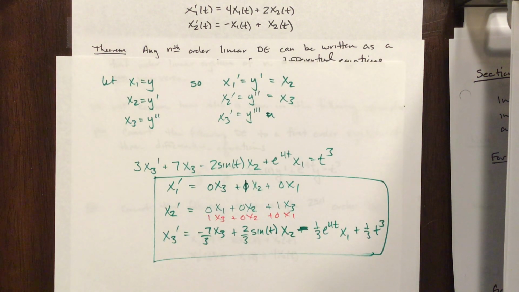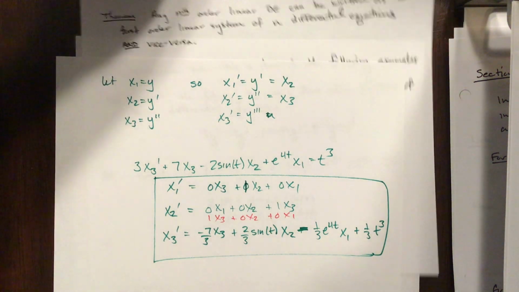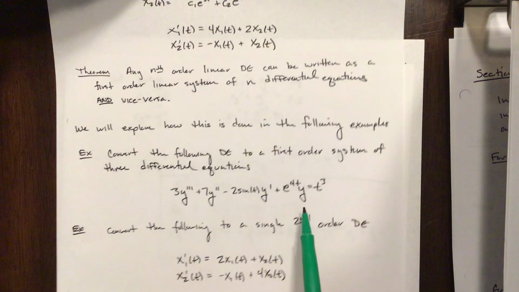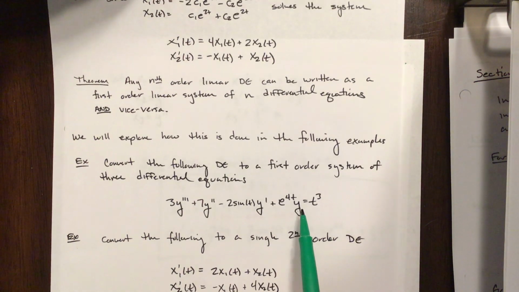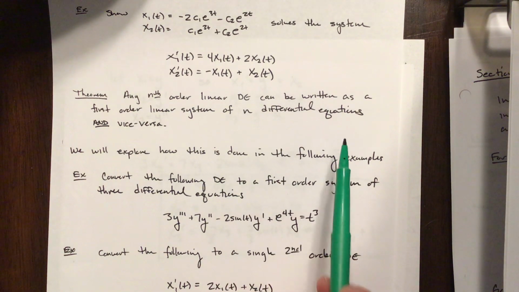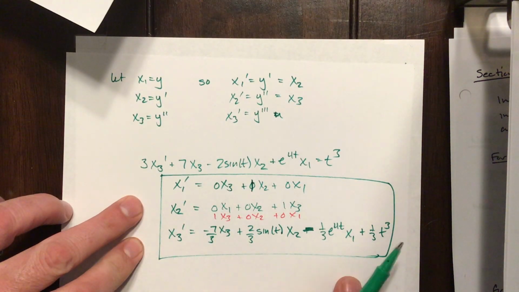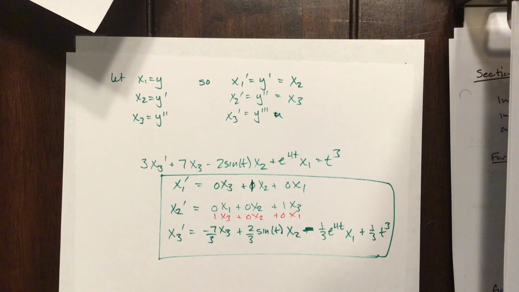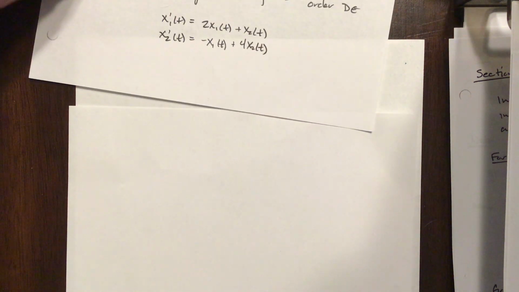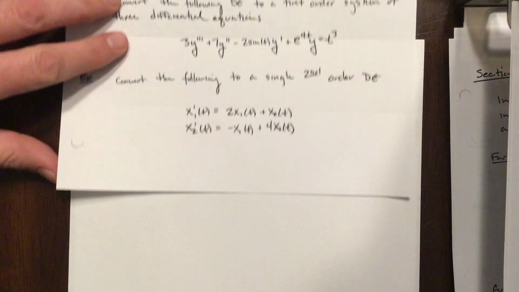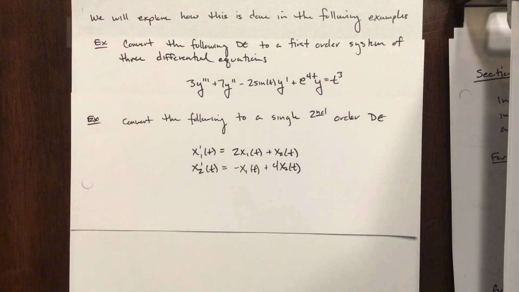Seems a little unnatural, doesn't it? But the theorem guarantees that this third order differential equation can be written as a system of three first order differential equations, and there's your system of three first orders.